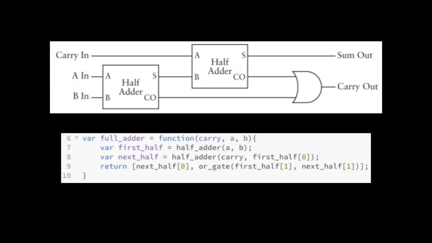I then return the sum from the second half adder and the result of ORing the carries of both half adders. We can also represent the full adder more succinctly now that we understand its internals. In this format, it's easier to see how it's possible to wire many full adders together in series to add several columns of binary numbers.